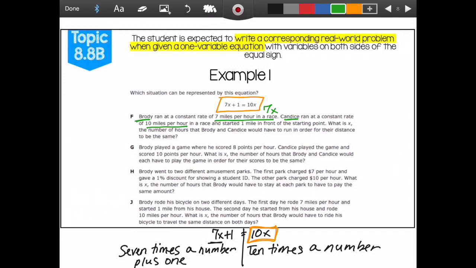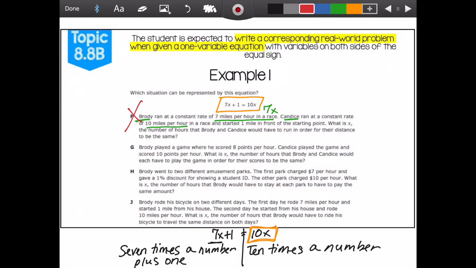So far, that's good, but then it says started at 1 mile in front of the starting point. Well, there's no plus 1 on Candace's side, so therefore now we know that F is not our answer. Okay, because the plus 1 should be on the left side, so that should have gone with Brody.